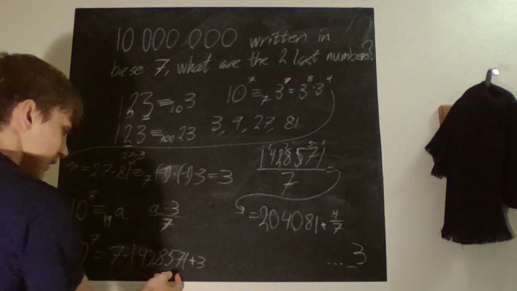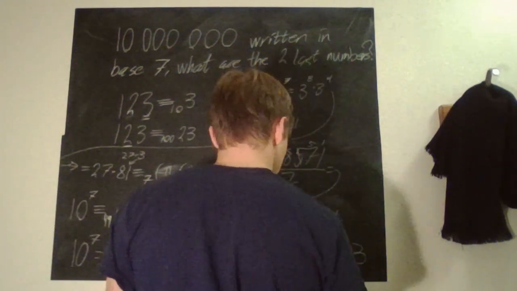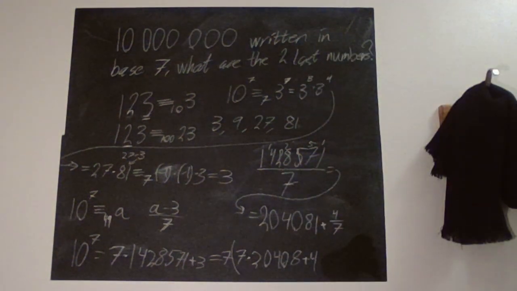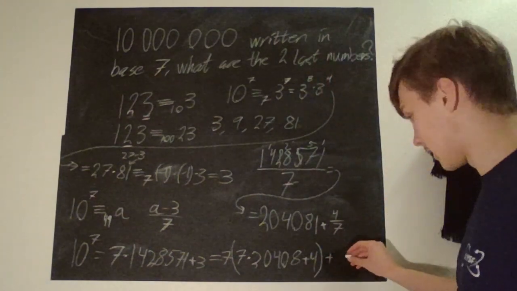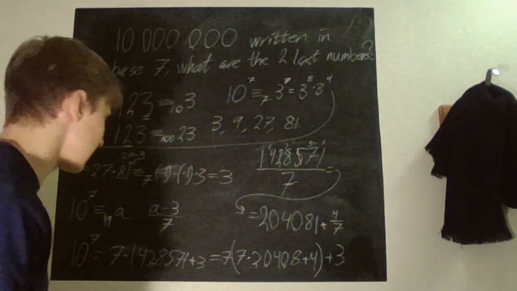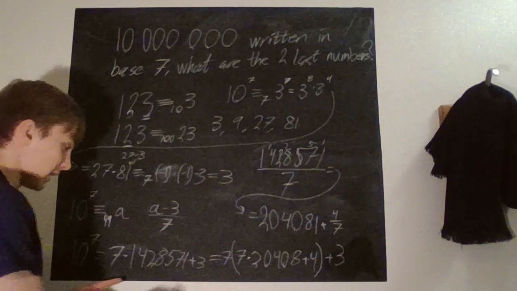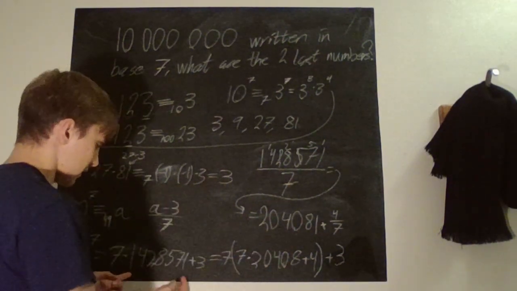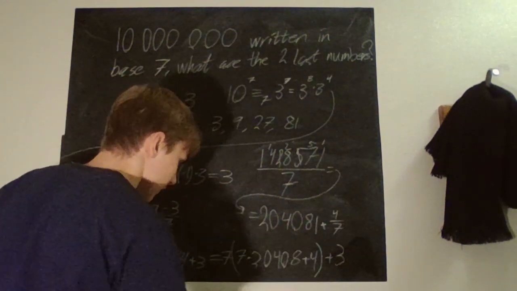Now we can rewrite this thing: it is 7 times this thing and then plus 4 here, plus 3.